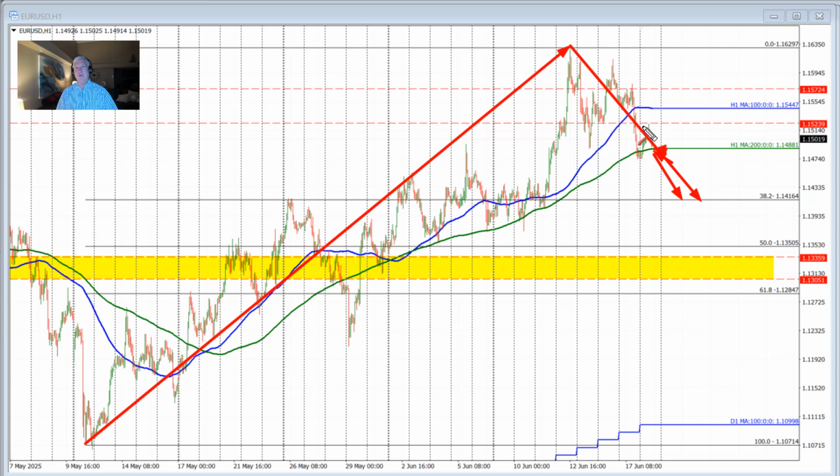If the price should move higher, we need to get above this level at the 1.15239 level, and then we'll look toward the 100-hour moving average, 1.15447. So those are the key levels: the 100, 200-hour moving average, break below 200, look for the 38.2% retracement.